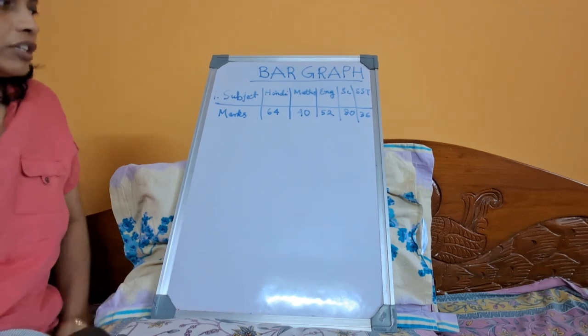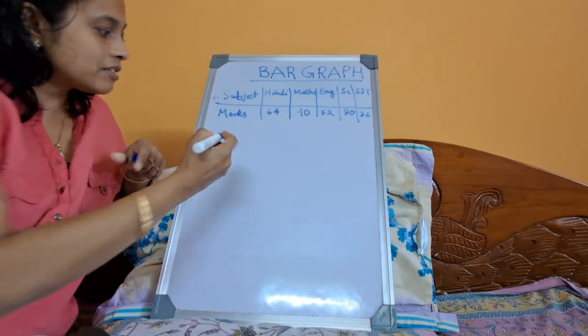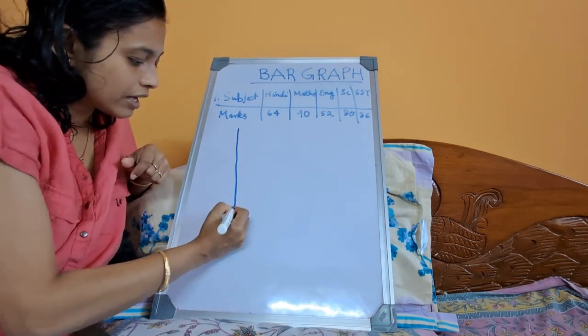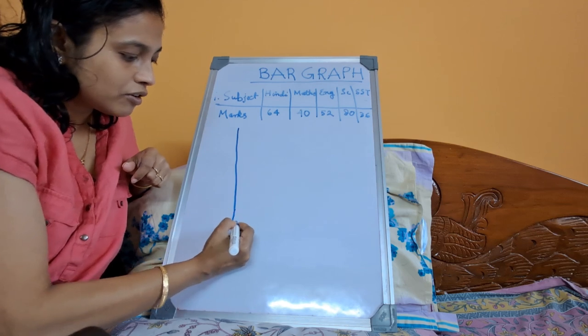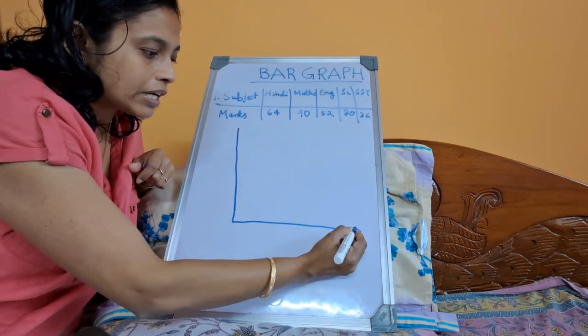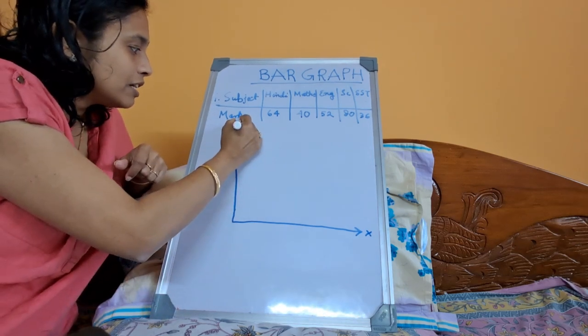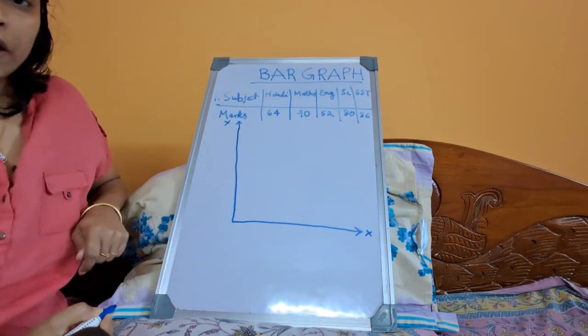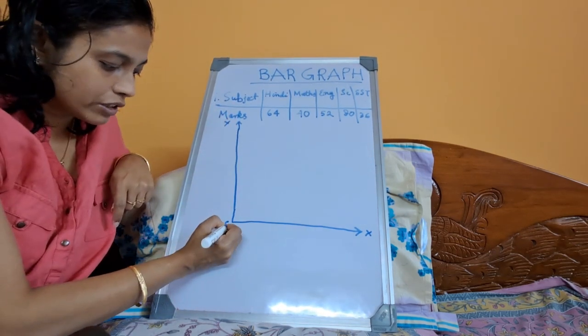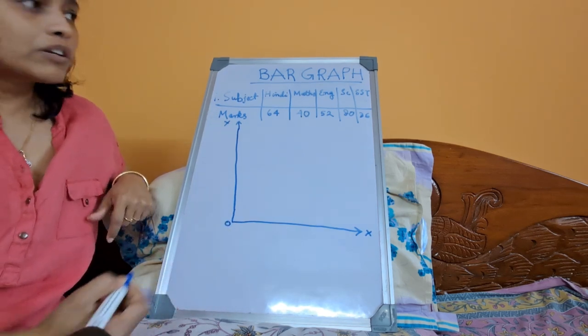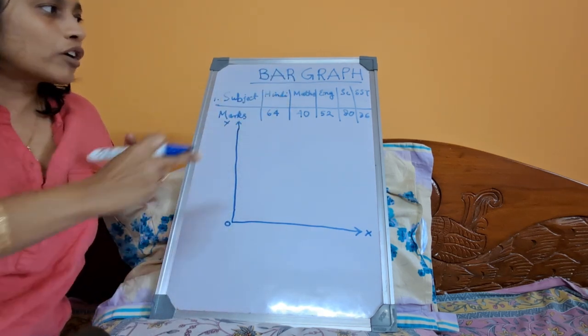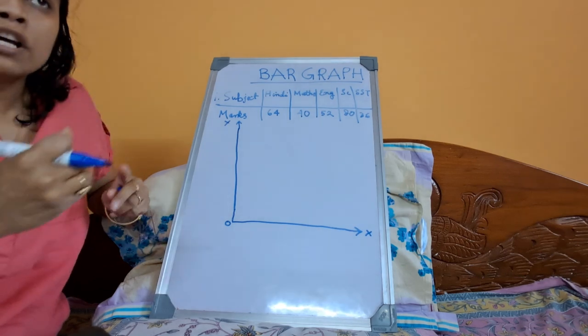So what we actually do over here is we draw an x-axis. This is the x-axis, very sorry. This is the y-axis, okay, and this is called the origin. So we represent always whatever is the first row, subject.